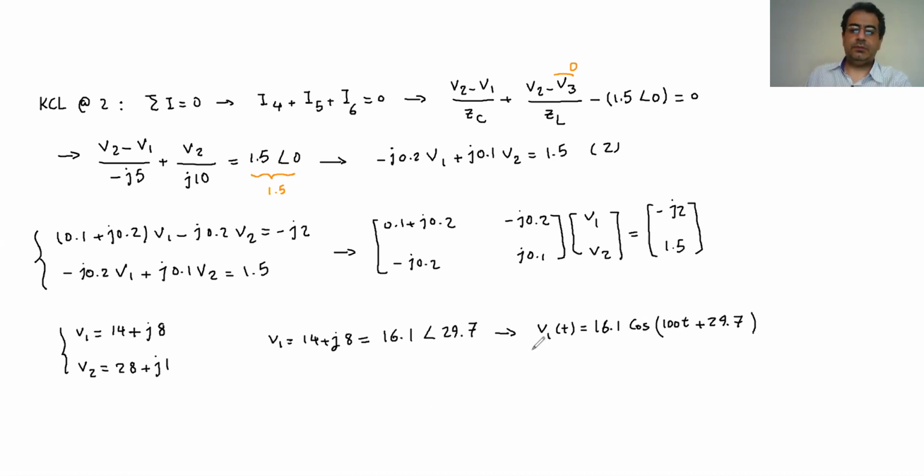The same way, we can write V2 as well. And this is how we solve the circuit in the node voltage method.